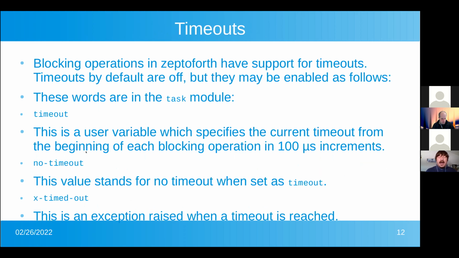And then there's timeouts. Because this aims to be an RTOS, all operations that block in the multitasking system can be made to time out, which is if they block too long, with a time specified in 100 microsecond increments, it'll stop and generate an exception.